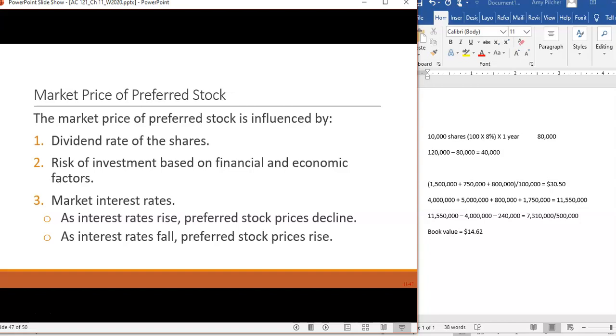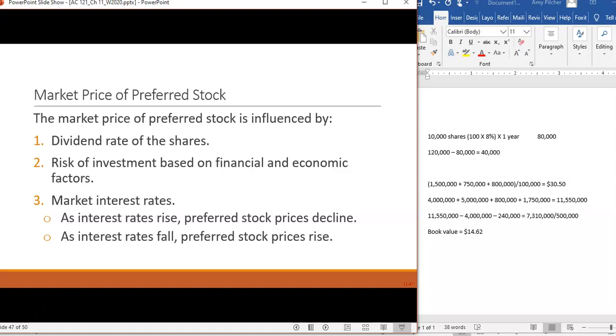So that risk depends on how well the company is performing or how well the economy is performing. If you've been watching the news right now, the economy is not doing so great because of all of the unknown impact of people being shut in their houses as we are right now due to the current coronavirus pandemic.